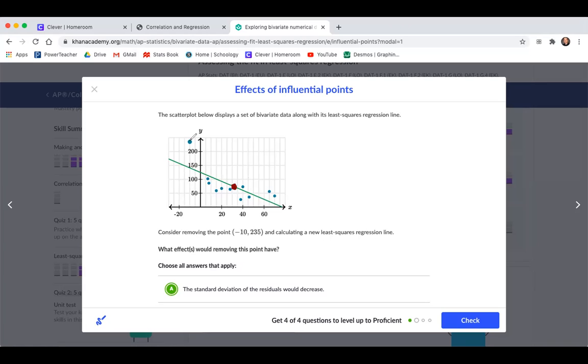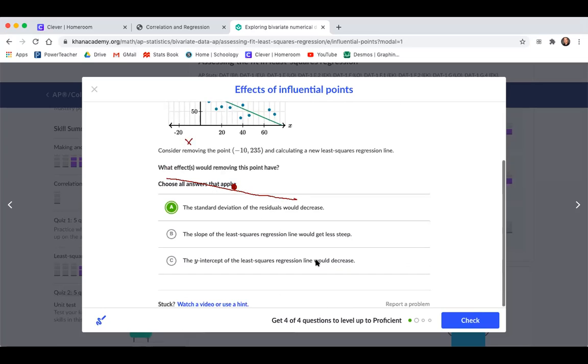So if I were to remove this point, no longer there, this line is going to drop. It's going to flatten. And maybe the new regression line looks like this. So definitely, it is not as steep as it used to be. It will definitely get less steep.